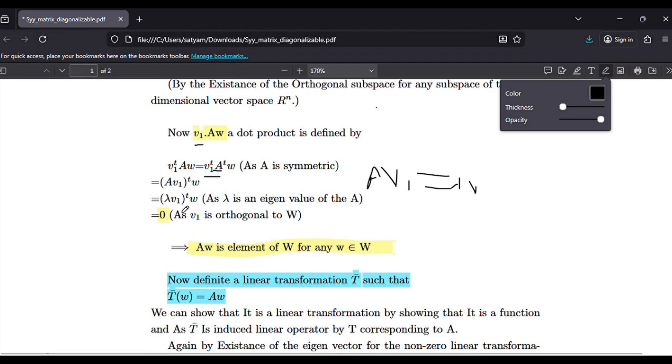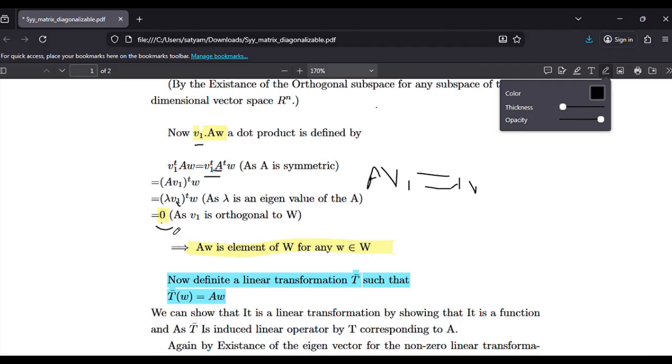So we have lambda v1 transpose W, and as v1 is orthogonal to W, their dot product will be 0, so the result is 0.